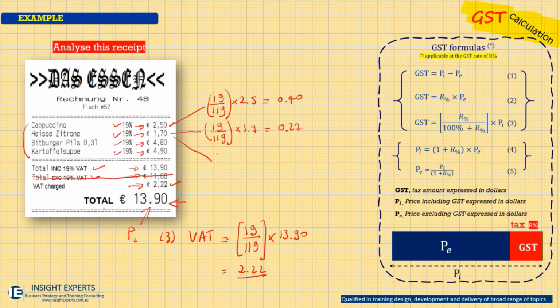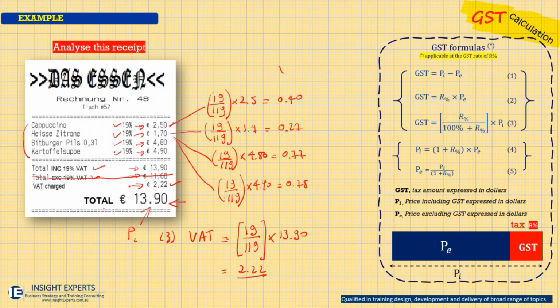Now item number 3 is equal to 0.77, and the last item times 4.90 is equal to 0.78.